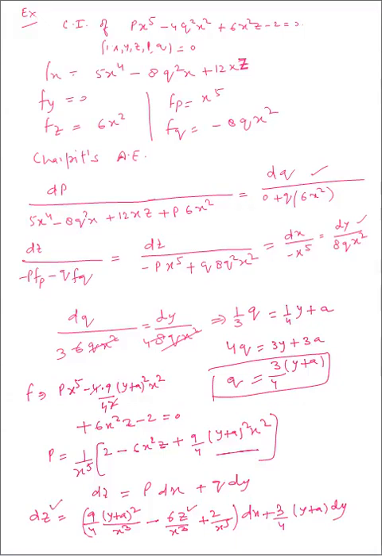So 6z upon x cube dx plus dz is equal to 9 upon 4 x cube (y plus a) whole square dx plus 3 by 4 (y plus a) dy plus 2 by x to the power 5 dx.